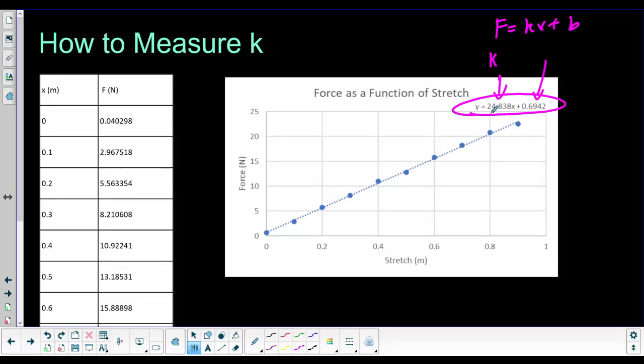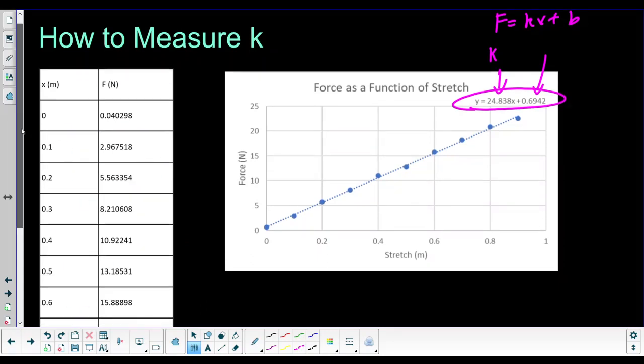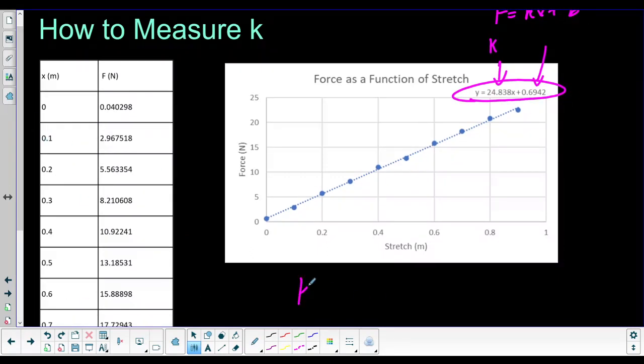So this would be our k value. If we took these measurements, recorded these forces, we could pretty confidently say k equals 24.838 newtons per meter. And then this y-intercept is just error.